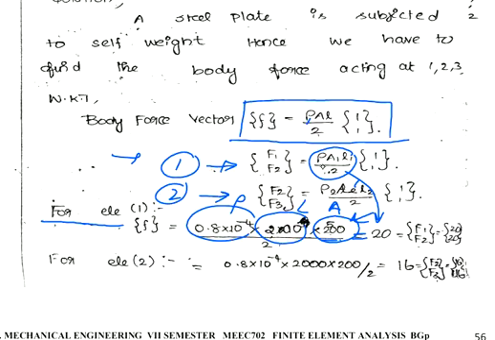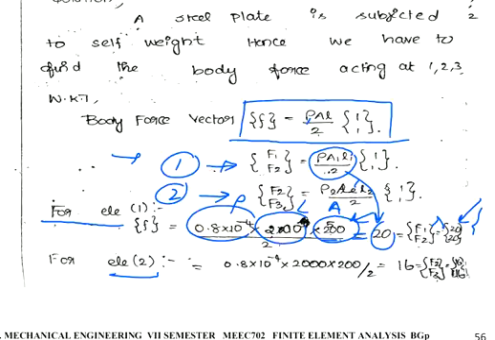Okay, but there is a 1 into 1 also, so you have to take this 20 inside the matrix. So you are definitely getting 20 20 like this, right? So f1 is 20, f2 is 20 when you take the outside value inside the matrix or make the multiplication. Similarly, you have to do for element 2 also.